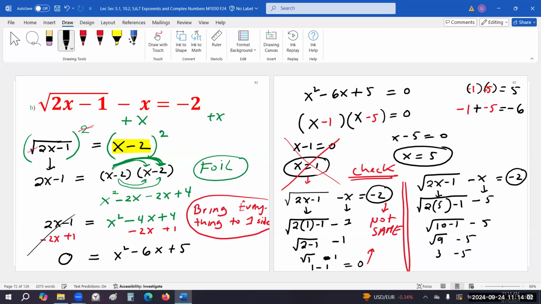What is 3 minus 5? -2. Oh, this time, do we have the same thing? Perfect. Same. So we are going to accept this as our solution. X equals 5. So only for even root, we're supposed to check that. For odd root, it doesn't matter.